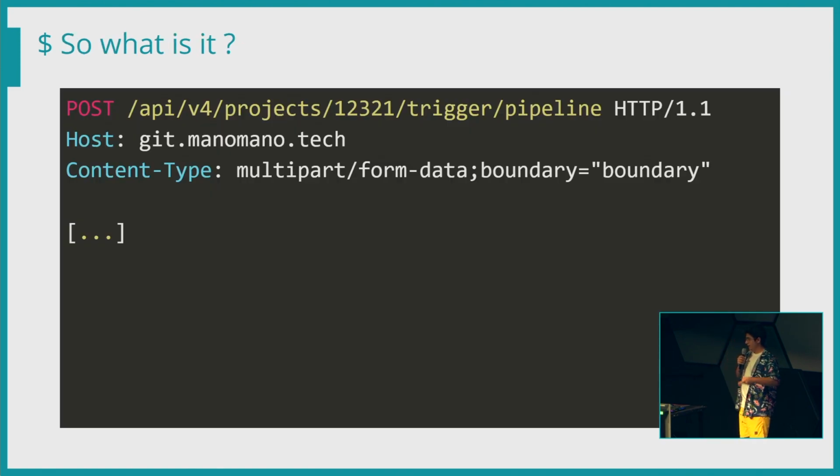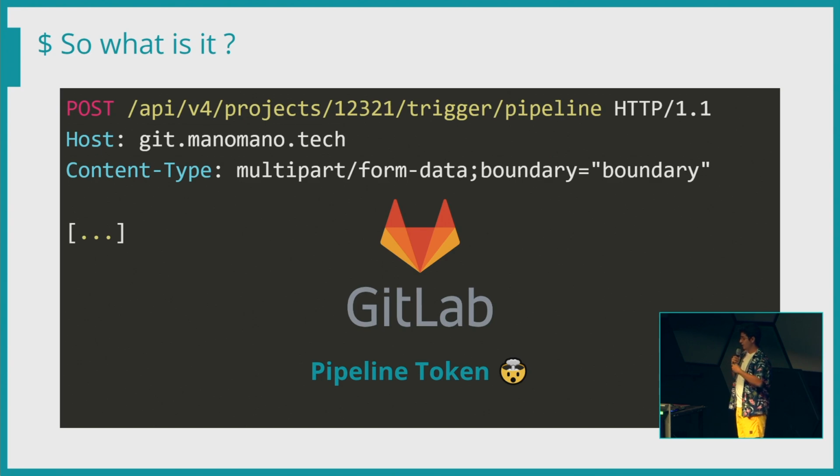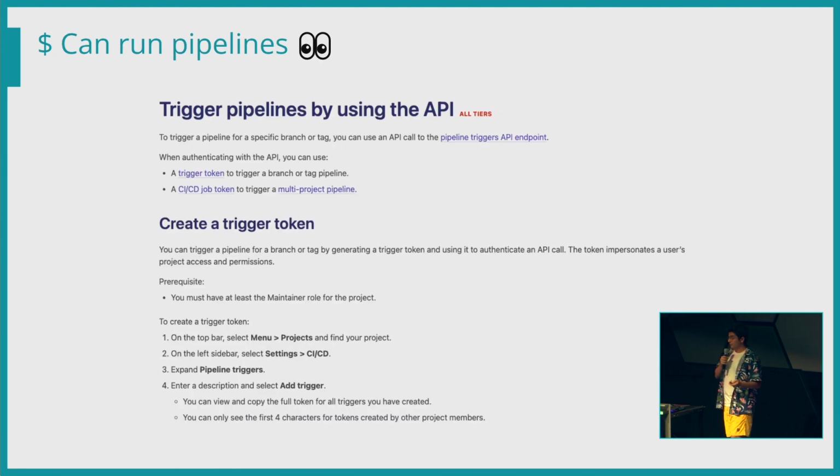And actually, I found this request in the JavaScript. And so you see that it was just a POST request in multipart form data to an API that was triggering pipelines. And so actually, I went into the documentation of GitLab, and I saw that there was an API token that was only useful for pipelines.